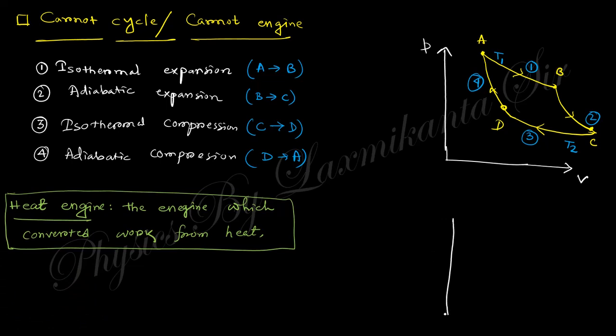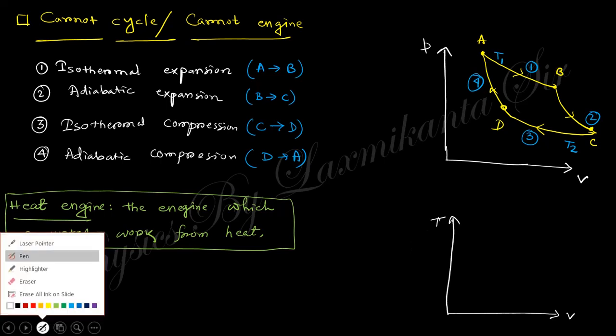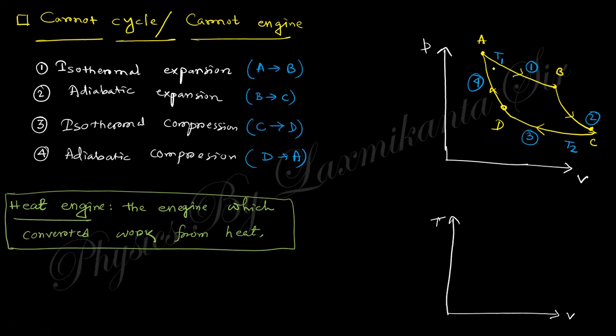If you want to draw this in the temperature-volume diagram, during this process the temperature is constant at T1, so this will be constant. After that, the adiabatic expansion, the volume will be like that, and after that isothermal compression like that, and then adiabatic also.